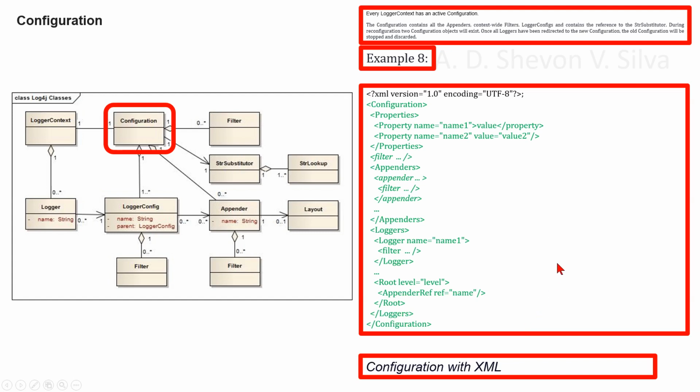However, it cannot be validated with an XML schema. For example, the console appender is configured by declaring an XML element named Console under its parent Appenders element.